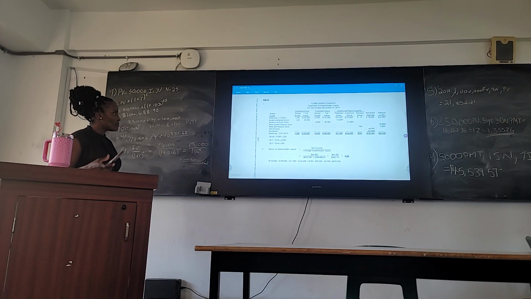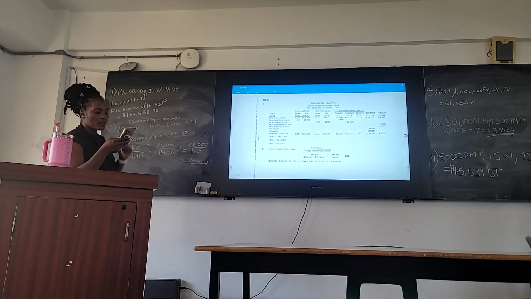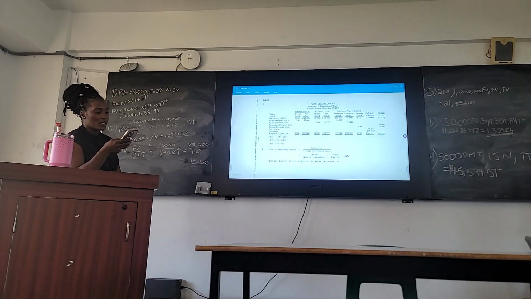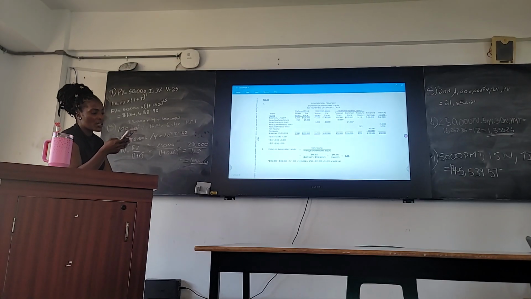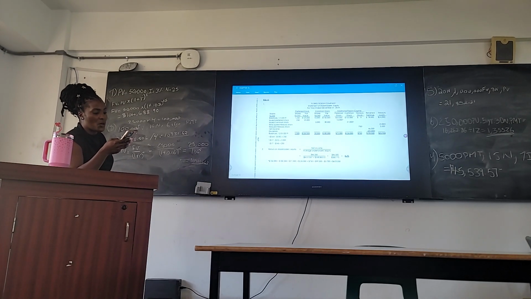E16-11. Changes in shareholders' equity. The shareholders' equity section of Flores Design Company's December 31st balance sheet is as follows.